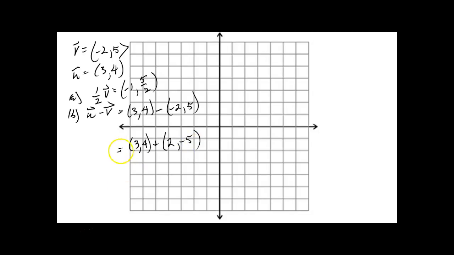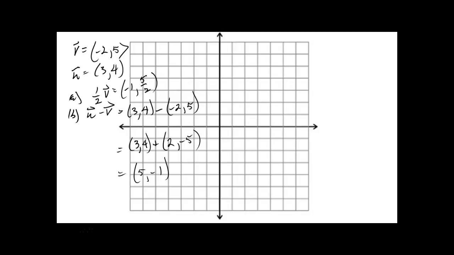And then you add those two together, and what do you get? 5, negative 1. Okay? They show a picture of it as well, and I'll let you look at that. I'm probably not going to draw those, but there's 5, negative 1. The easy way to do it, just use components.